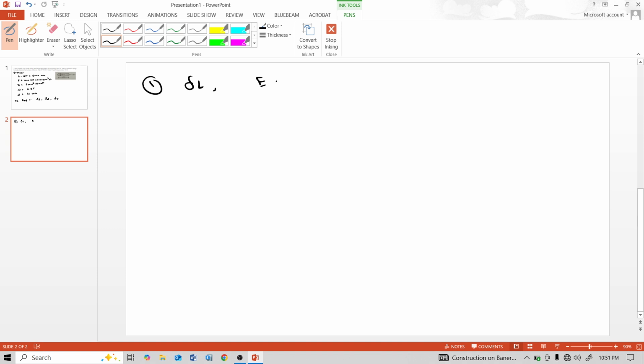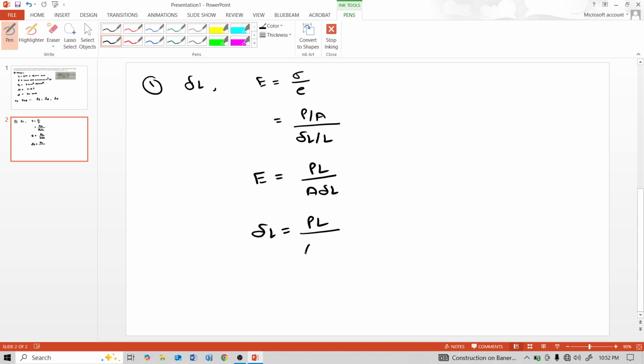Young's modulus E is equal to stress upon strain. Stress is load upon area and strain is change in length to the original length. So E is equal to P L upon A delta L. Change in length is equal to PL upon AE.